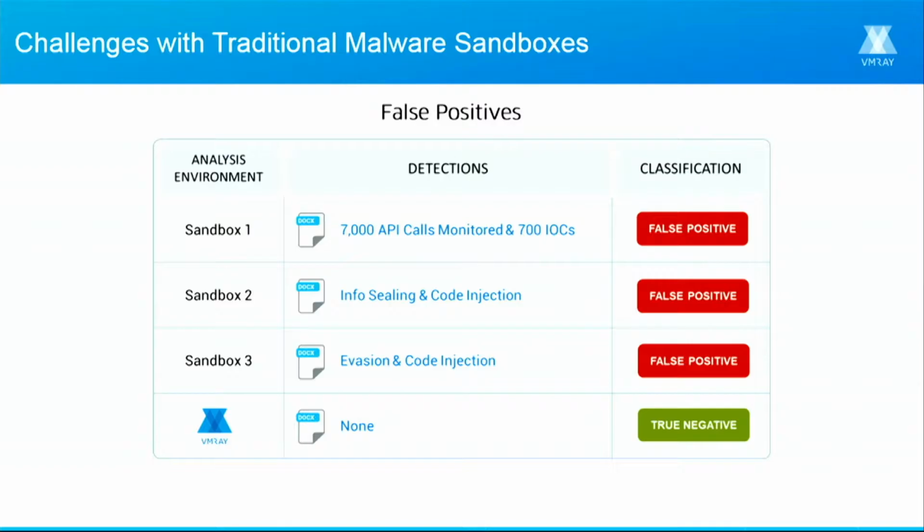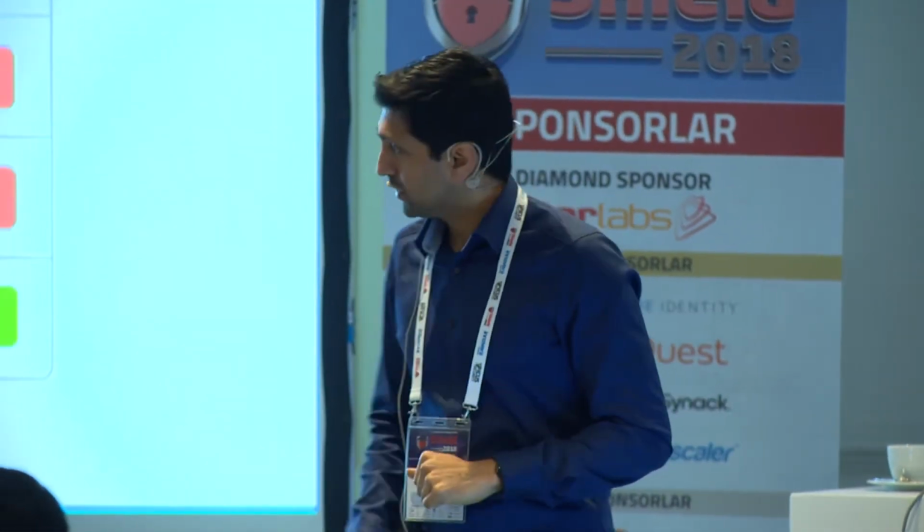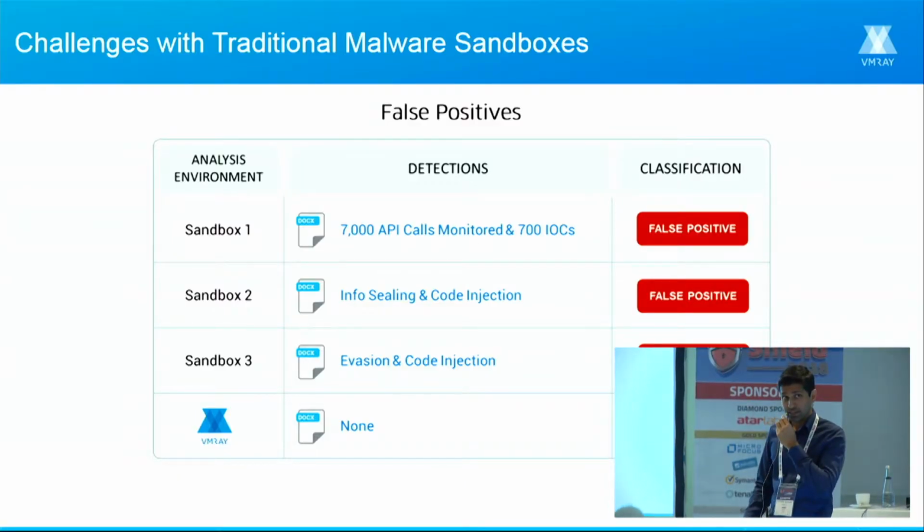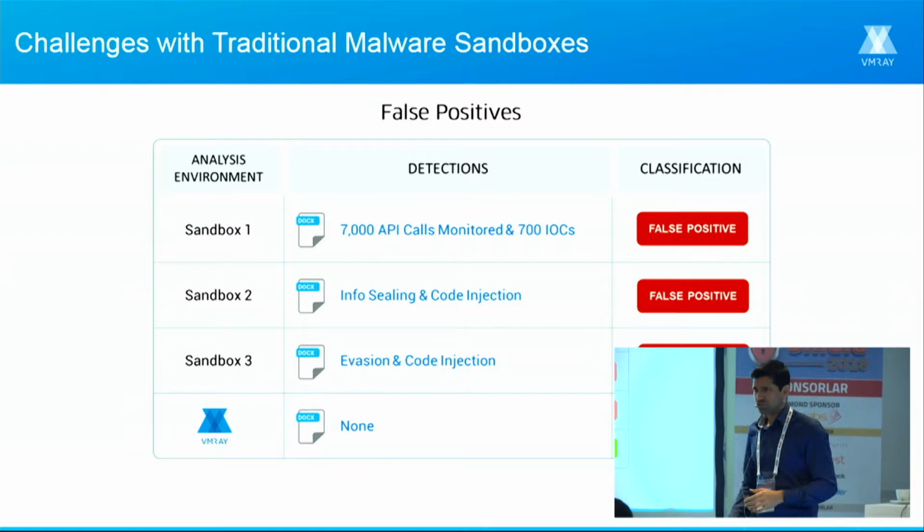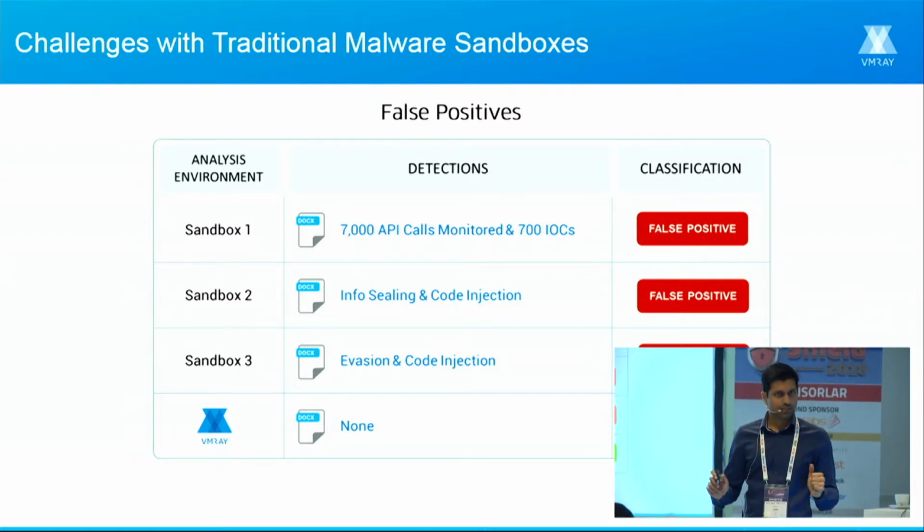Sandbox 1 told us for this blank, clean Word document, they recorded 7,000 API calls and 700 indicators of compromise, right? Sandbox 2 said there was some information stealing happening.